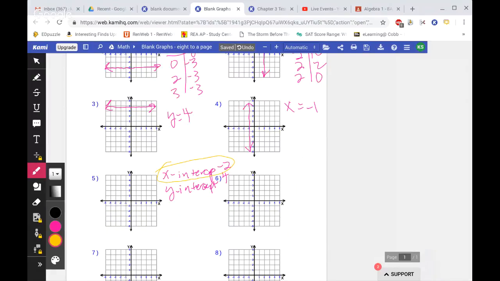It's negative, so move 2 to the left. Okay, move 2 to the left, and I'm going to put a dot right there because it intercepts the x-axis. Now what am I going to do with the y-intercept of 4? Start at the origin and go up 4, and it's on the y-axis. It intercepts the y. And then you connect the 2 points.